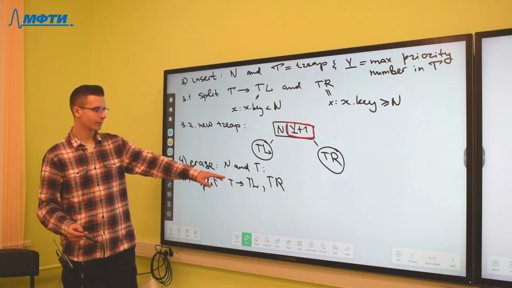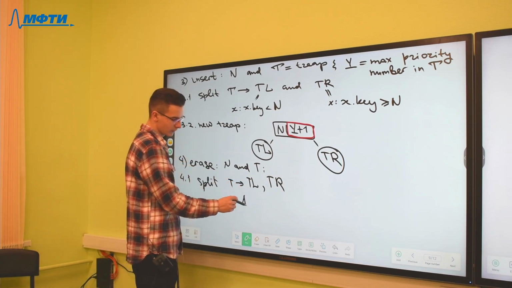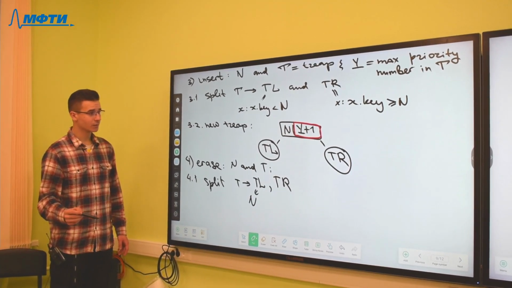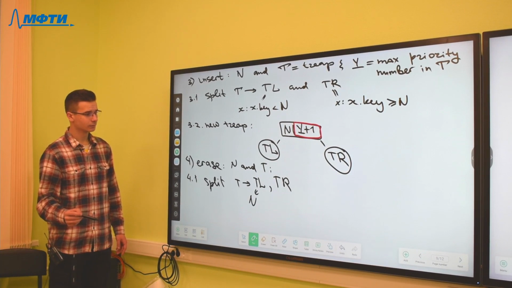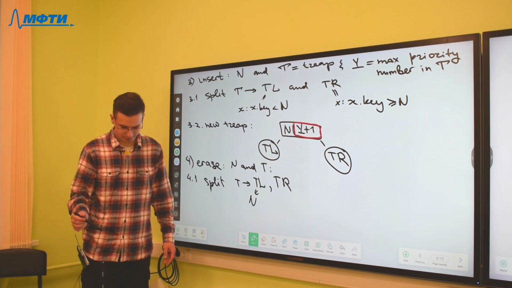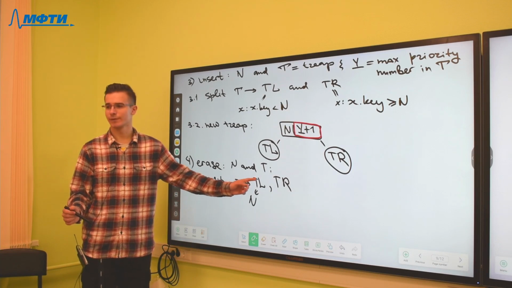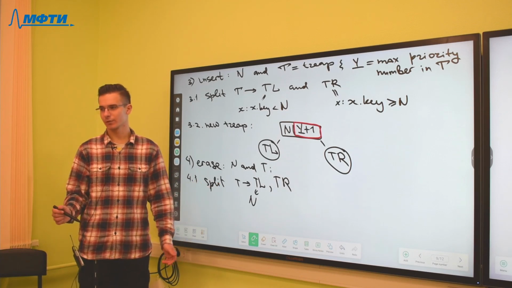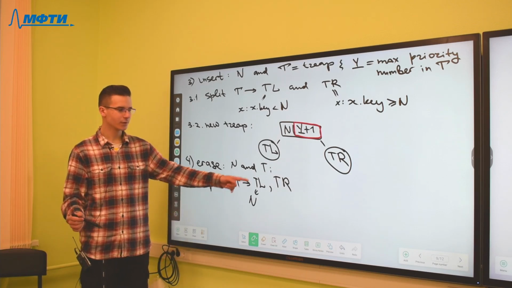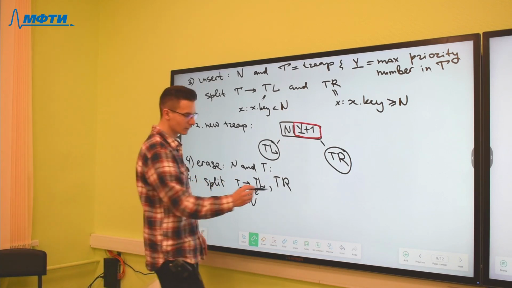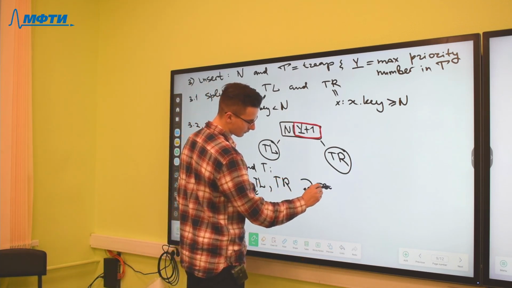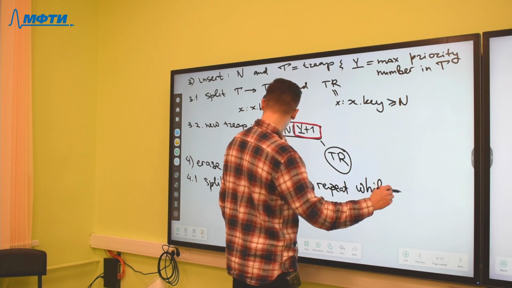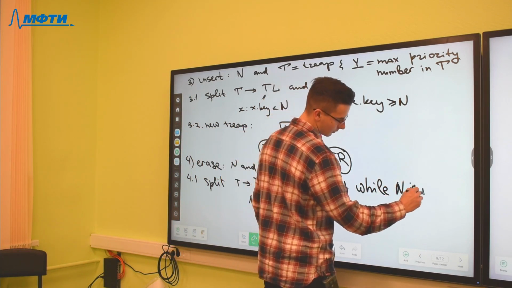And for example, we find n here. Then we know that there are two cases. n will be the root of this treap, and for example, n will not be the root. If it is not the root, we repeat this algorithm while n is not the root.